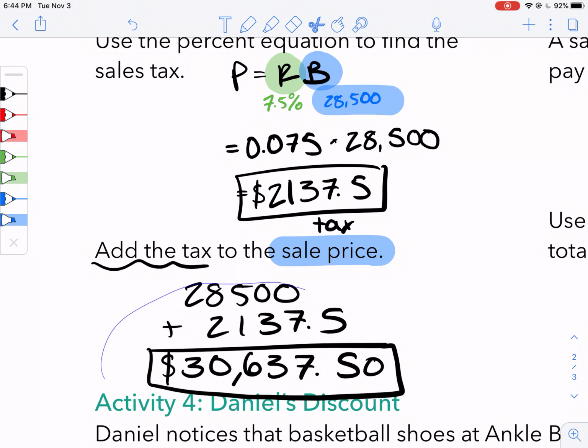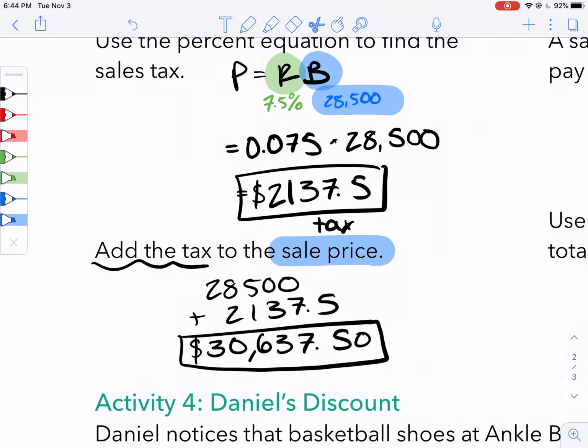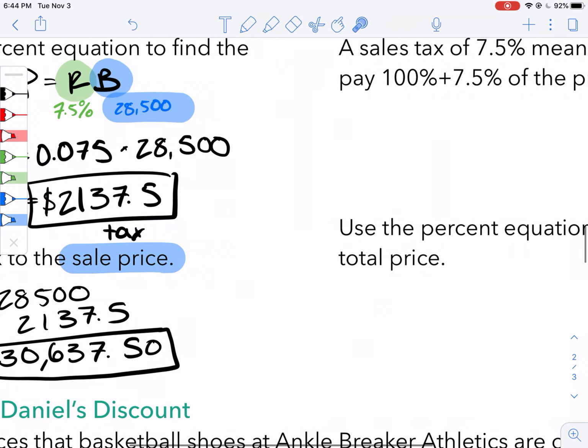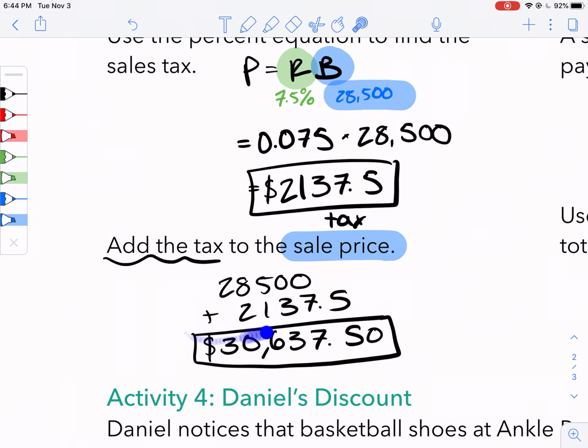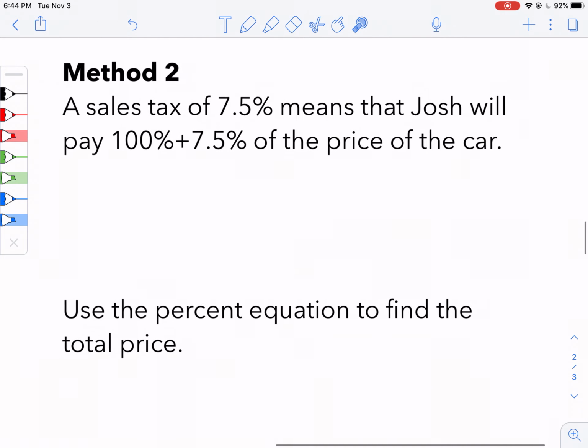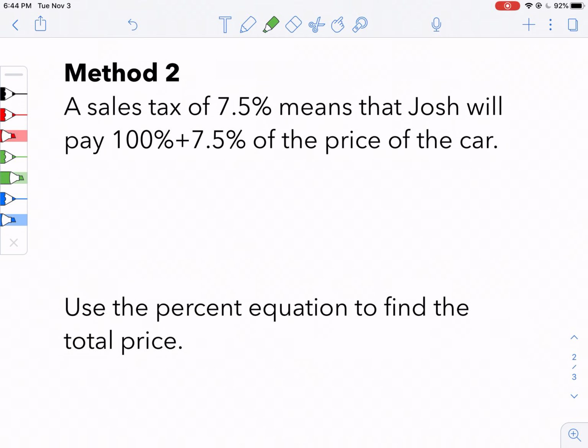This is actually not my favorite way, because then you have to remember to add the tax to the sales price. I like to add them together and then find out how much it was. So that's what this means. If you have the sales tax of 7.5%, that means that Josh is going to pay 100% of the car and then pay 7.5% of it.